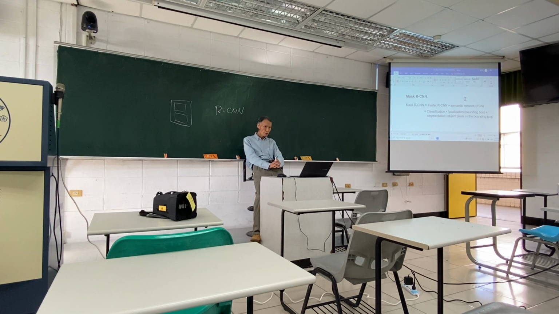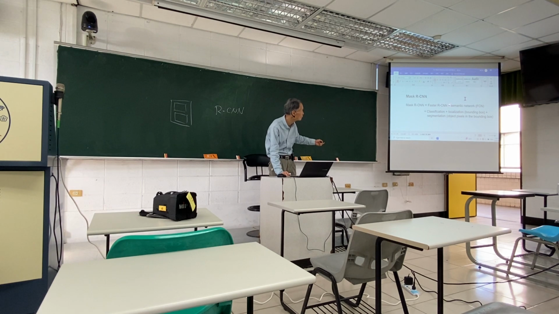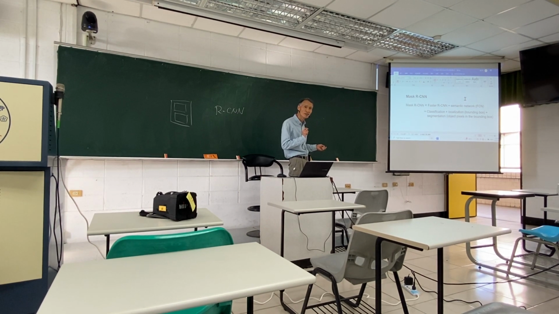Again, developed or proposed by Kaiming He from Facebook. You might think of Mask R-CNN as Faster R-CNN plus a semantic network, a mask for segmentation. Segmentation by using, you know what FCN is, right?